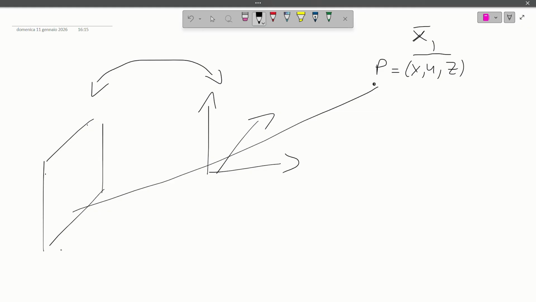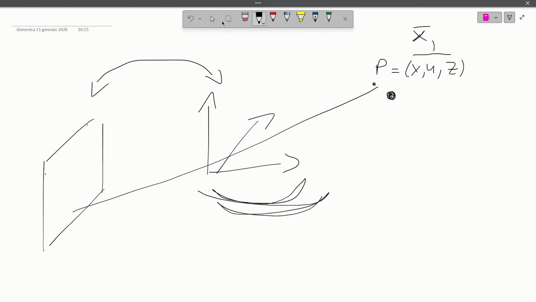So let's be clear. Here we have a real point. Here there is the theoretical coordinate system of the camera. We are projecting and the image plane is behind, but that is inconvenient from a computational mathematical point of view.